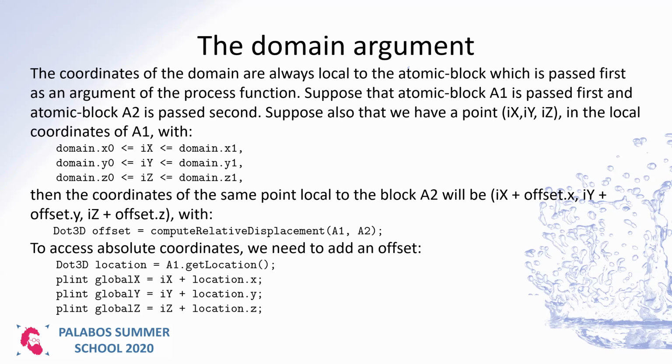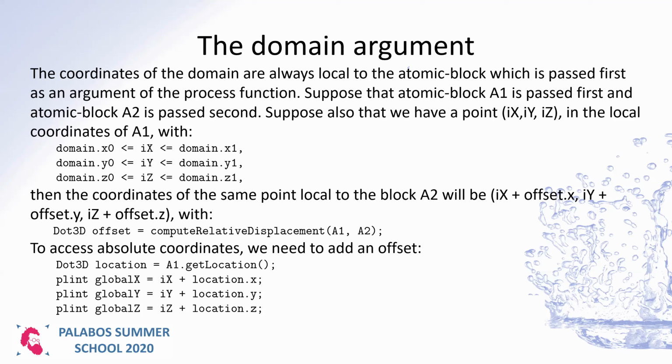And then these coordinates are local coordinates of these atomic blocks. They are not the global coordinates within the multi-block. So imagine that your data processor needs to know the global position because it wants to have absolute values.